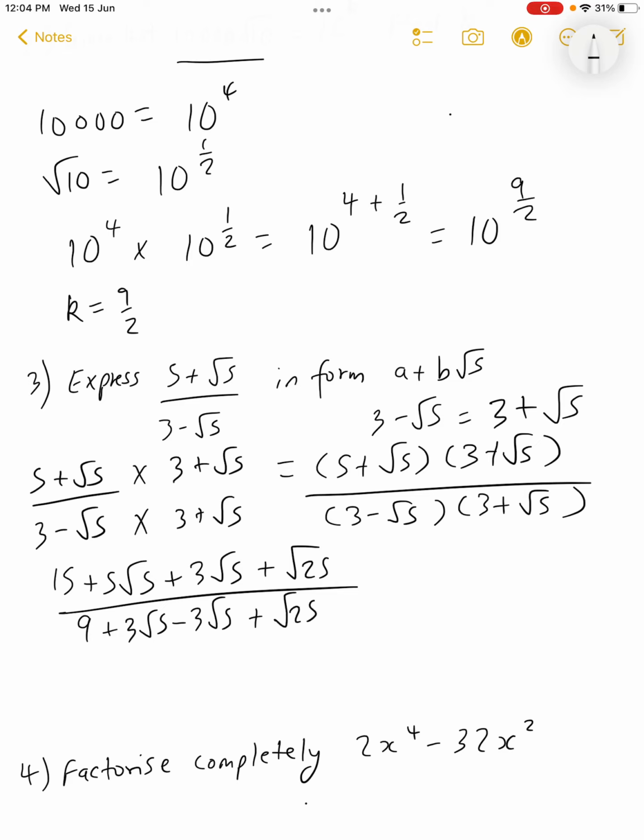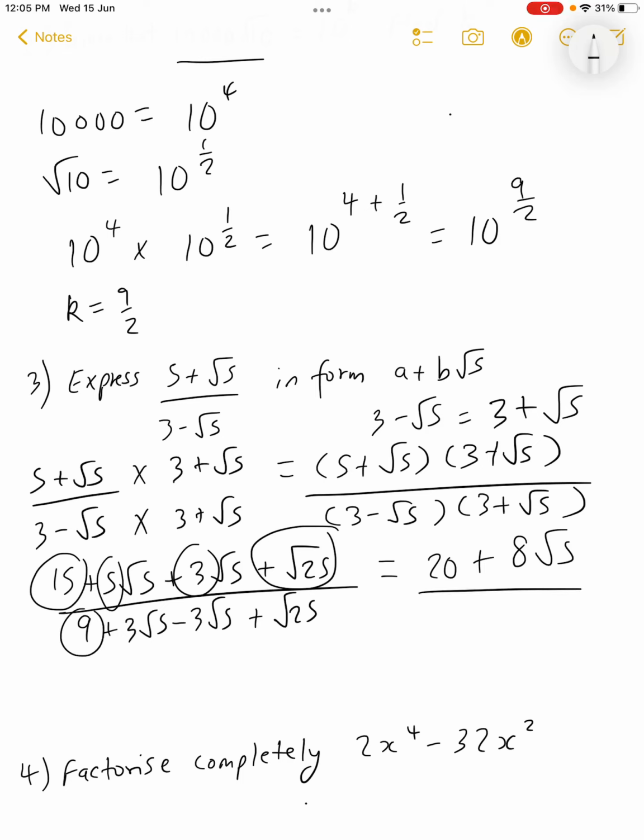Now you can see some simplifications here: 15 plus square root of 25 gives you 20, because square root of 25 is 5, and if you add 5 to 15 you get 20. So 20 plus 5 plus 3, that is 8 square root 5, since the square root terms are alike, so you can leave it as 8 square root of 5.